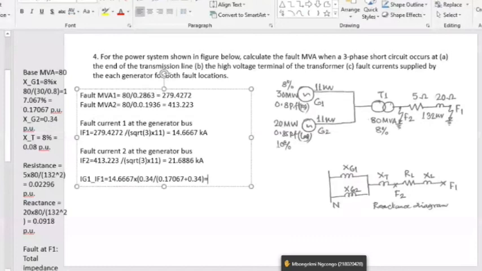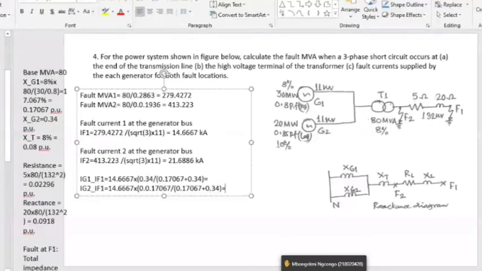14.6667 is supplied by two generators. So I now want to know generator 1 is supplying how much and generator 2 is supplying how much. So IG2, meaning generator 2, is supplying how much of IF1. IF1 is 14.666. This one will be now 0.17 over 0.17 plus 0.34. Does it make sense?